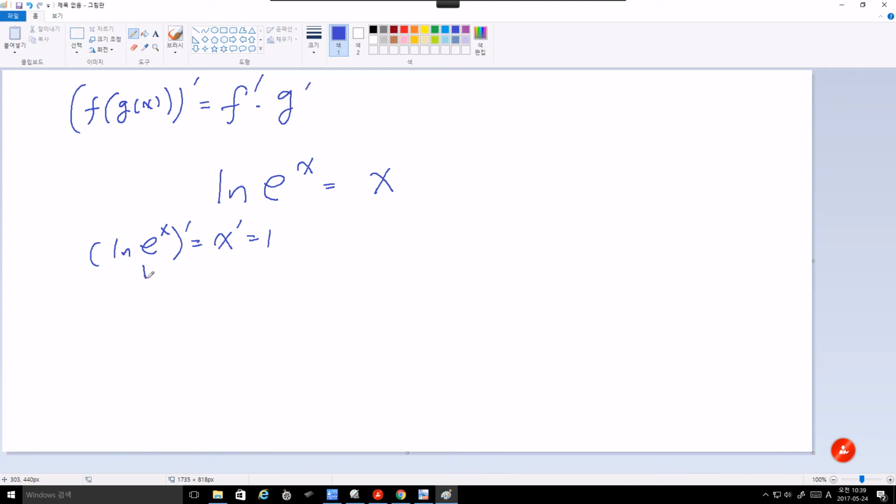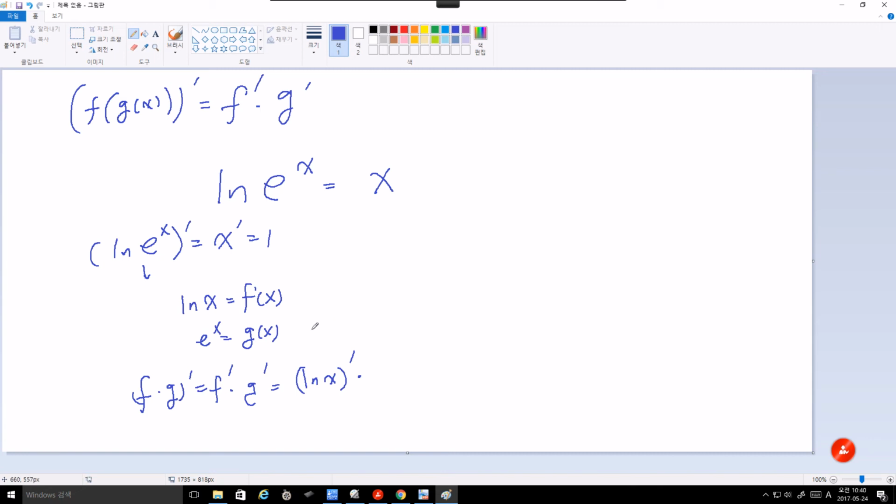So this 1, we know that. Let me investigate this part further, and we can use the chain rule. We can regard ln x equal to f(x) and e^x equal to g(x). So we know f(g) prime is f prime and g prime, which is now ln prime, and then g prime.